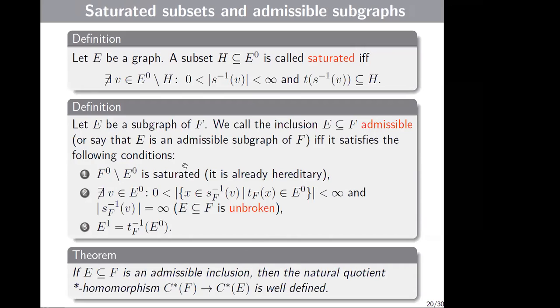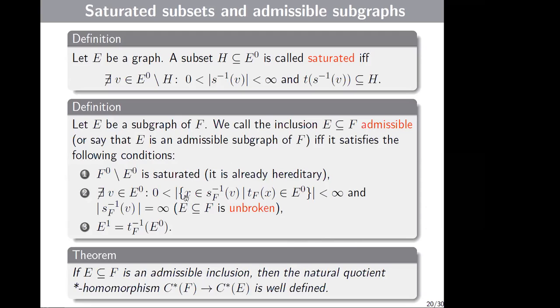But now we also want it to be saturated, right? That's this property which I just explained. And then we have another condition, which is not vacuous only in the case when you have infinite emitters, but we have to take it into account.